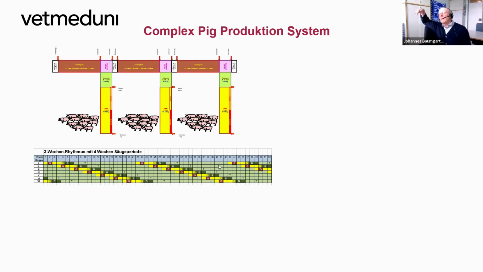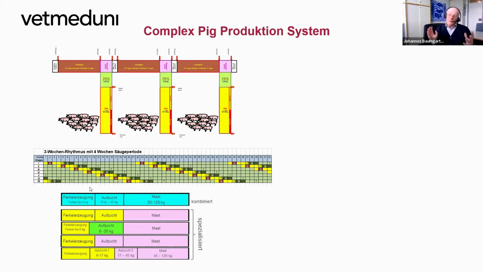Each sow gives birth to about 4 to 6 litters in her lifespan. And the next group is organized in that way that it is inseminated or gives birth 3 weeks later. And the third group again 3 weeks later. So you have an outcome of piglets every 3 weeks that can be weaned and at the end can be fattened to 120 kilograms. This is the management in a so-called 3-week cycle.